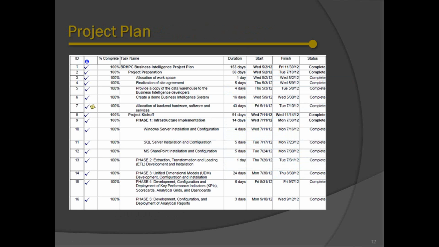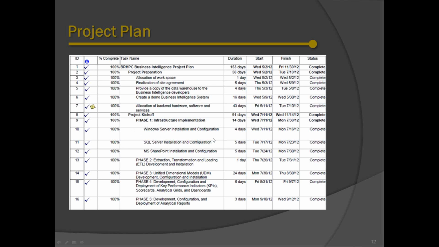The project plan is almost like a typical project that we walk through. It started with a preparation where we prepared all kinds of resources before we started the project. Then we started the phases. First of all, we implemented the infrastructure.